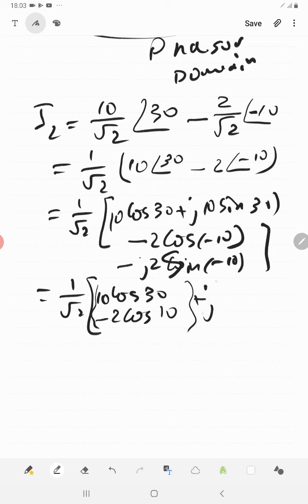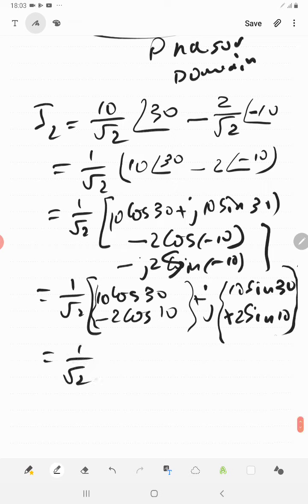Then plus j, here you have 10 sine 30, and sine minus, minus times minus is plus, 2 sine 10. Or you can directly do it through MATLAB.